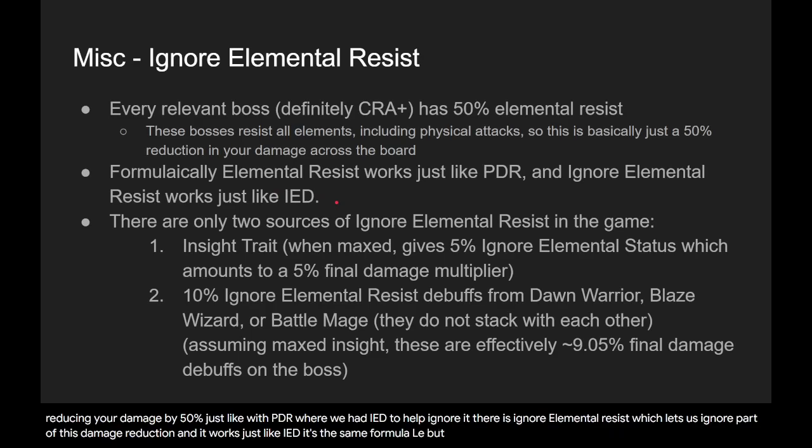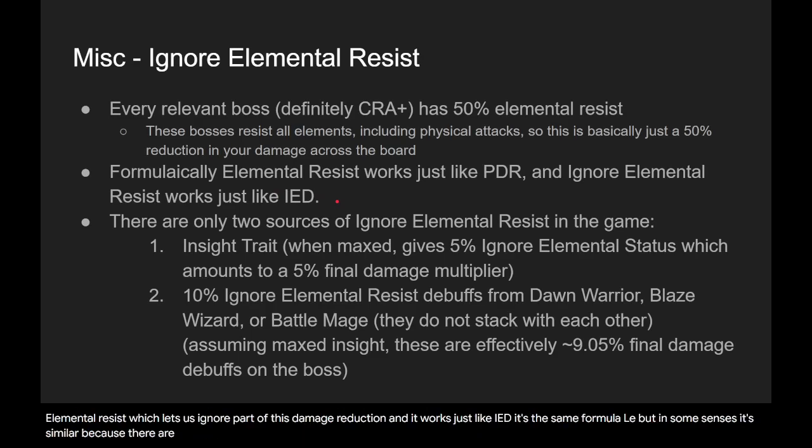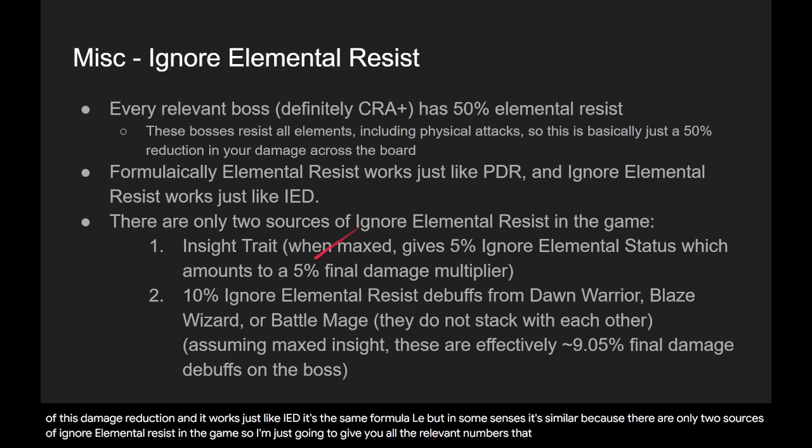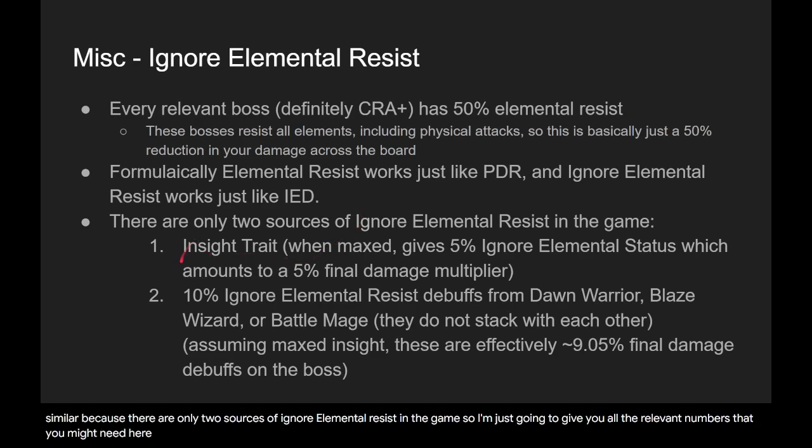But in some senses, it's simpler because there are only 2 sources of ignore elemental resist in the game. So I'm just going to give you all the relevant numbers that you might need here. First of all, the one everyone has access to is the insight trait.